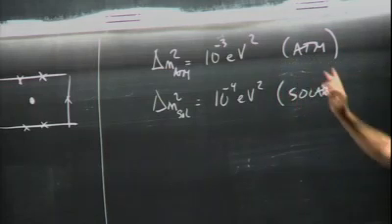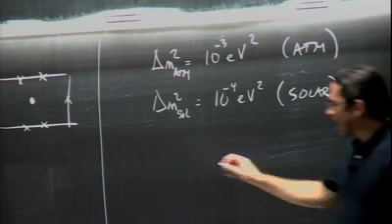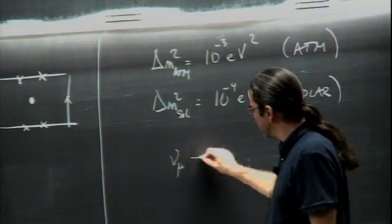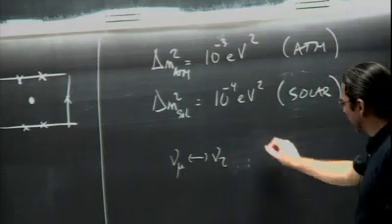And this is part of the information that we've gotten. We explain the oscillation of the atmospheric neutrinos by nu mu to nu tau oscillations. And we need a large mixing angle.